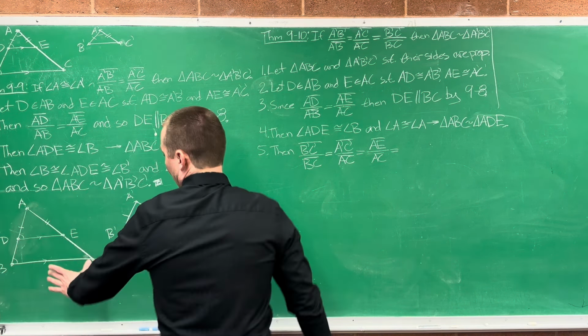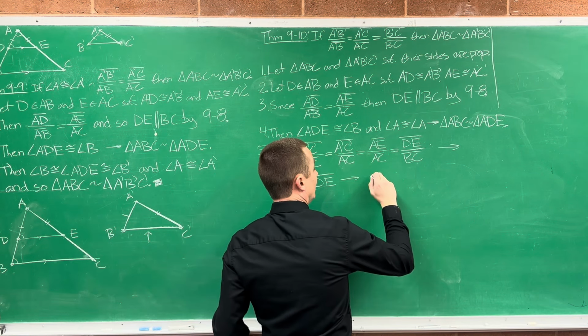So what does that give me? That B prime C prime is equal to DE, the lengths of DE. The lengths, perfect. So then that gives me that B prime C prime's length is equal to DE's length. Now if two segments have the same length, what does that mean?